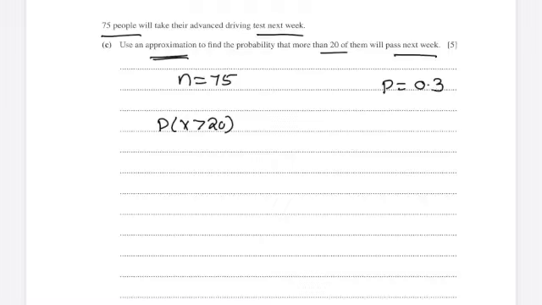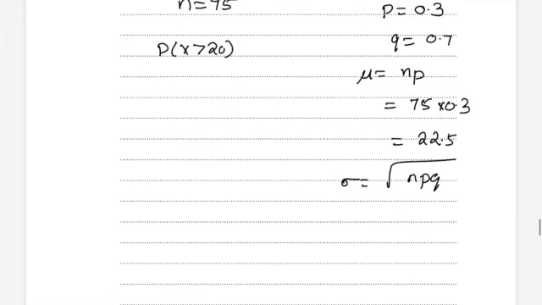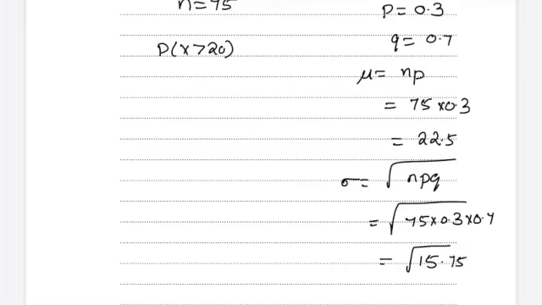So passing is 0.3, failure is going to be 0.7. So mean is NP, which is 75 times 0.3, which is 22.5. Standard deviation is square root of NPQ, which is square root of 75 times 0.3 times 0.7, which is square root of 15.75.